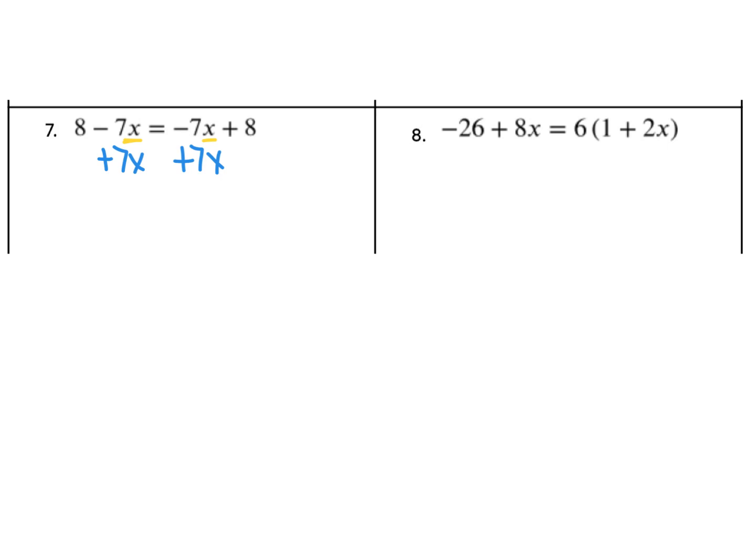this is unusual because a minus 7x and a plus 7x, that is 0. But on the left side, this is also going to be 0. So we're left with 8 equals 8. We're left with twins. 8 equals 8, that is a true statement.